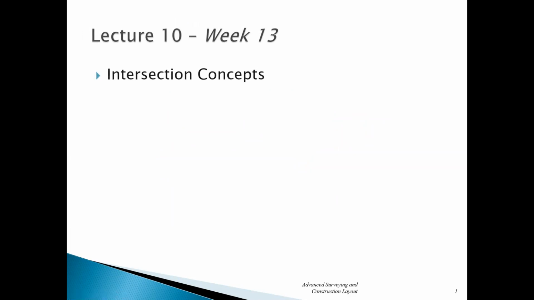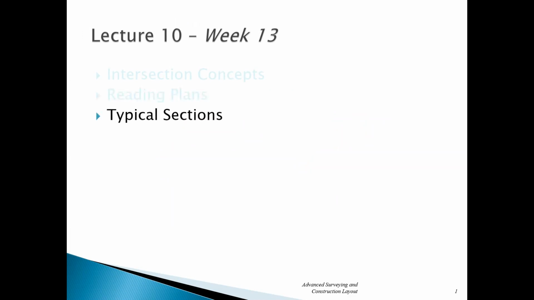Okay, so we're going to look at some concepts of intersections, looking at reading plans. Now, the big thing I'm going to present today are what are called typical sections, because these things are happening left or right of what's going on in your profile. So when I introduced those last Thursday, what did we use our typical section for last week? What information were we getting from the typical section?